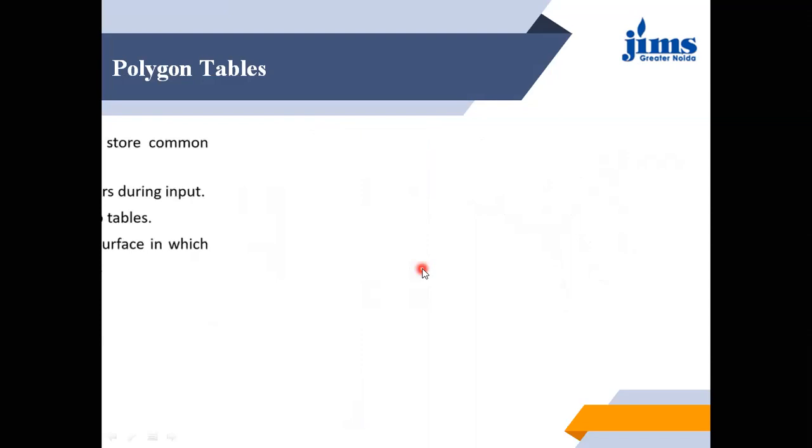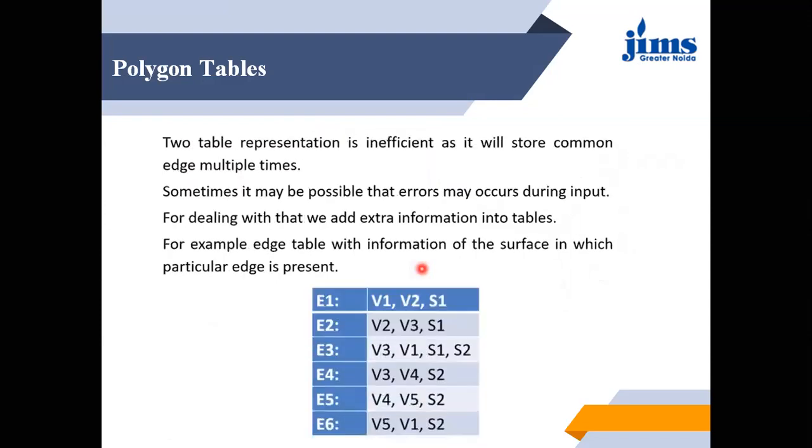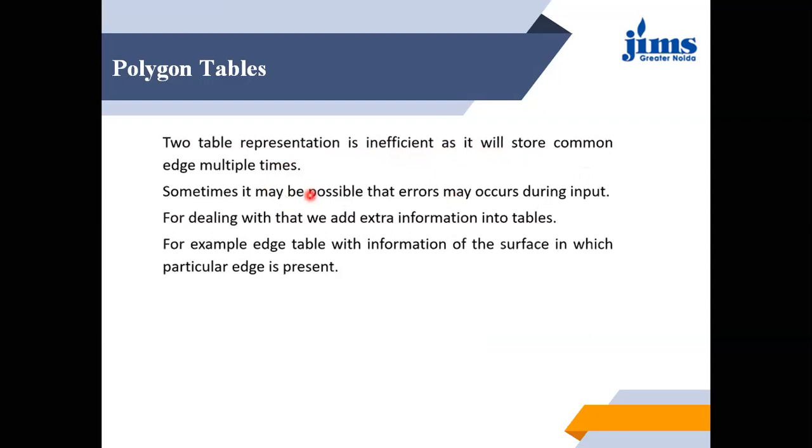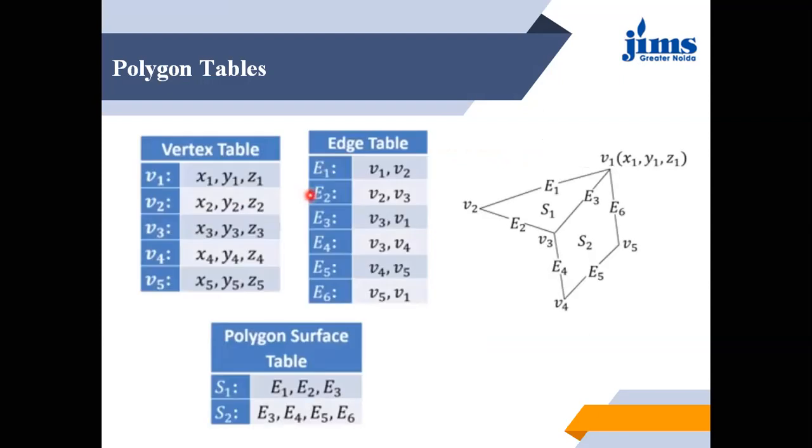In the next slide, you will see that the two table representation is efficient, as it will not store common vertices many times. As you will see over here, when we represent an edge, the same vertices come many times.